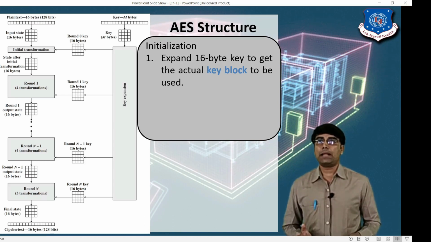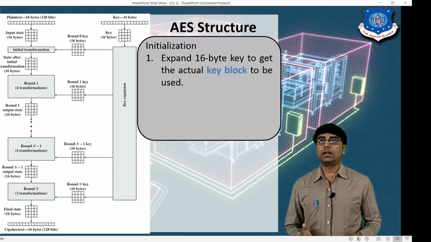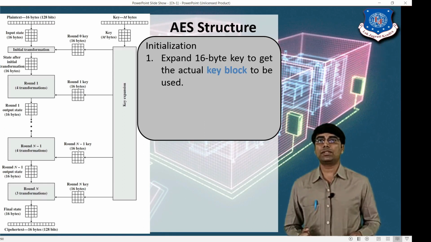After generating this matrix, it will be given as input to the initial transformation, and another input comes from the key expansion. This is the key, and the key is also 16 bytes, because your input matrix is also 16 bytes.